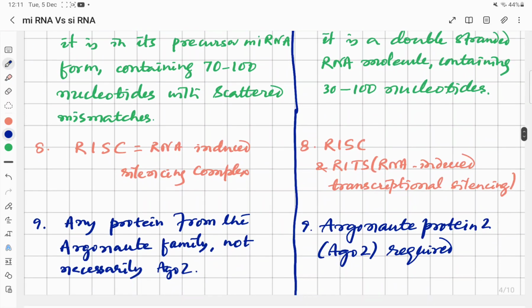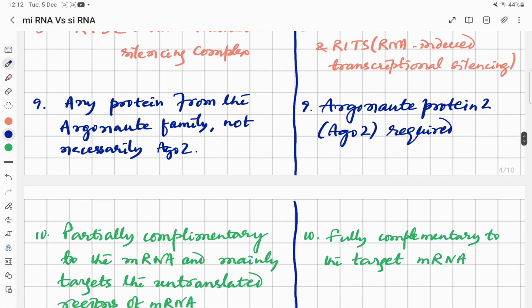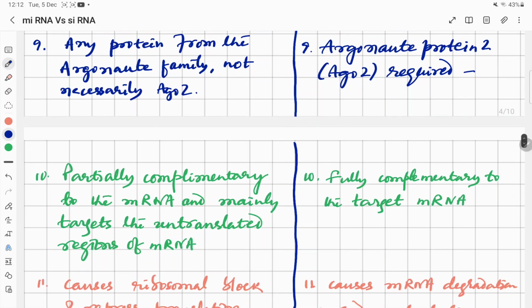Next, there is only use of RISC or RNA-induced silencing complex in case of microRNA, but in siRNA there is both RISC and RITS, that is RNA-induced transcription silencing. As we have already discussed, Argonaute protein 2 is required in case of siRNA, whereas any protein from the Argonaute family, not necessarily Argonaute 2, is required in case of microRNA.